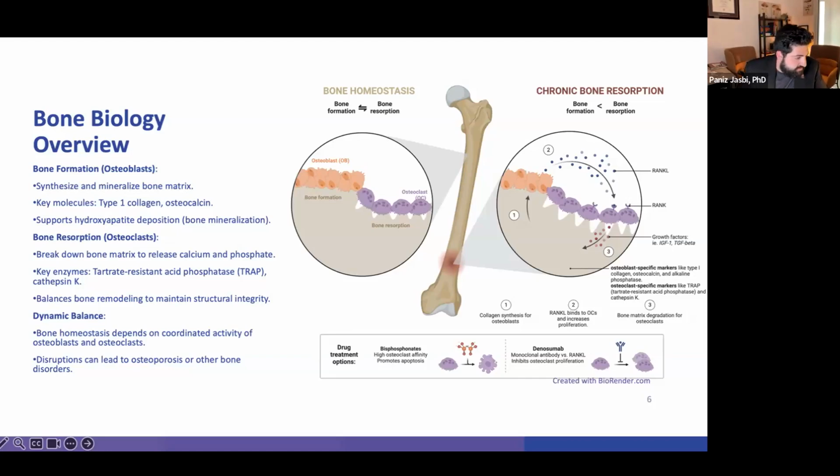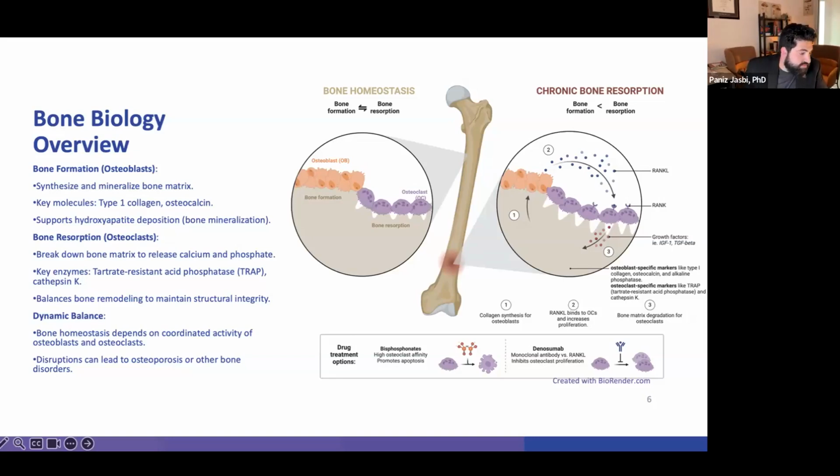And then there's a balance in bone remodeling to maintain structural integrity, right? The activity of these osteoclasts is usually balanced by the activity of the osteoblasts to ensure proper bone remodeling and maintaining bone strength and structural integrity. There's this dynamic balance that is really dependent on bone homeostasis and coordinated activity, as we can see here.